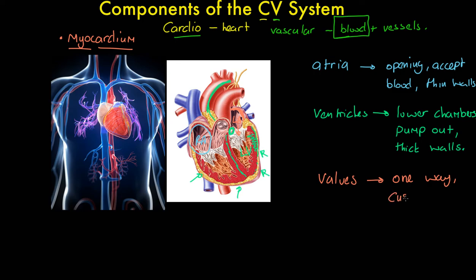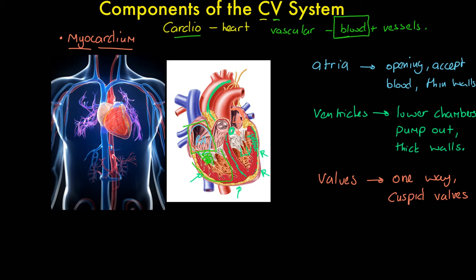The first ones I want to introduce you to are what we call the cuspid valves. Sometimes they call them mitral valves as well, but anyway, we're going to call them the cuspid valves. And what the cuspid valves do is they separate the atria from the ventricles. So we've got a valve here, which is a cuspid valve.